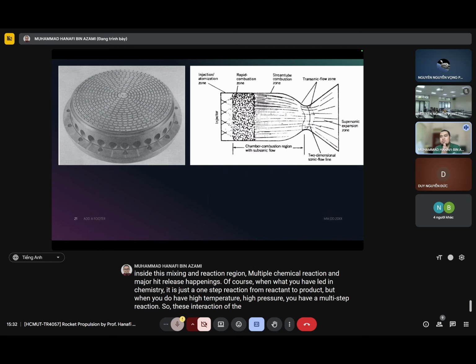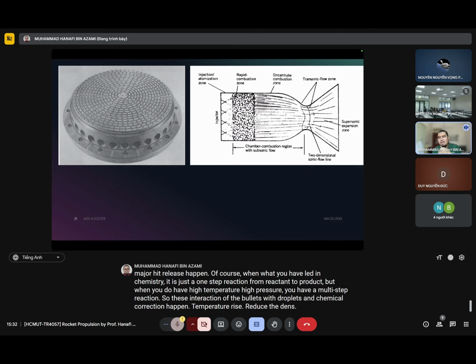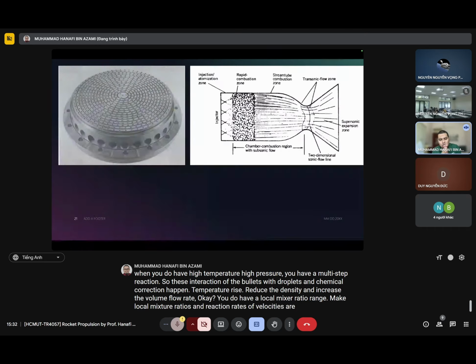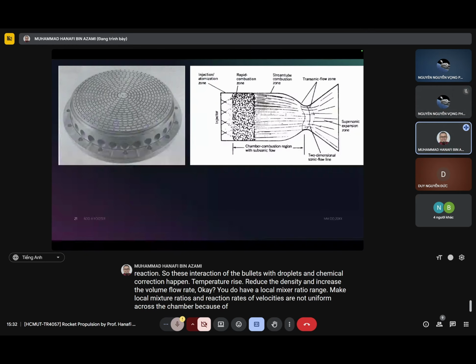So this interaction of turbulence with droplets and chemical reaction happens, temperature rises, reducing the density and increasing the volume flow rate. You do have a local mixture ratio, and rates or velocities are not uniform across the chamber because of this very rapid change in time.